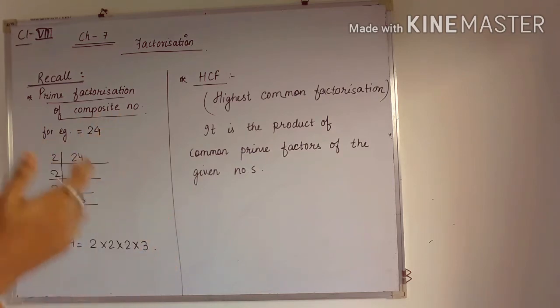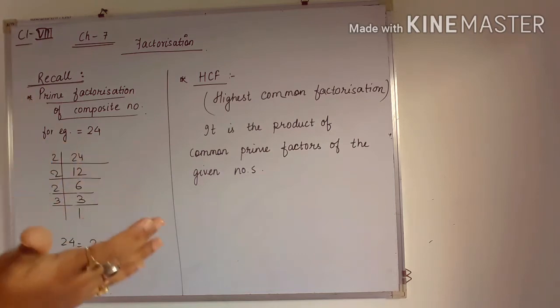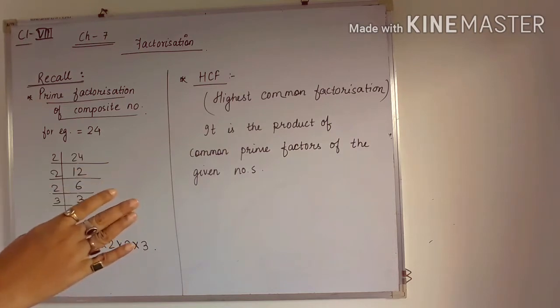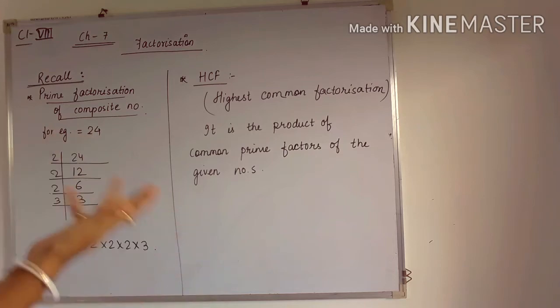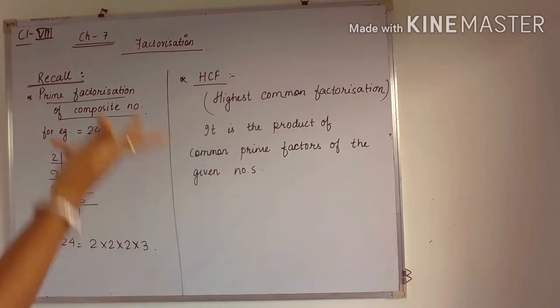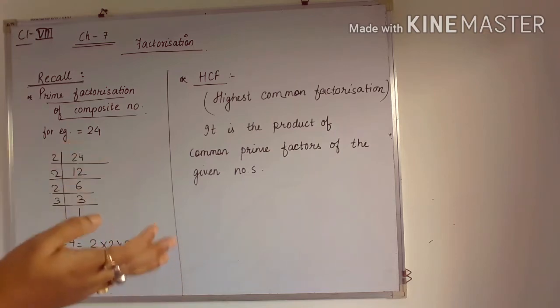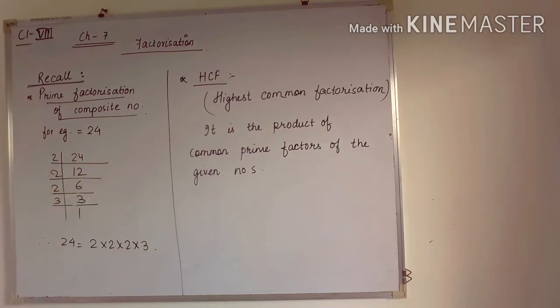Here we are going to find the prime factorization of algebraic expressions, which we have studied already in previous classes. So how to find the prime factorization and how to find the HCF in that case, we are going to discuss in this chapter. So that is our first topic.